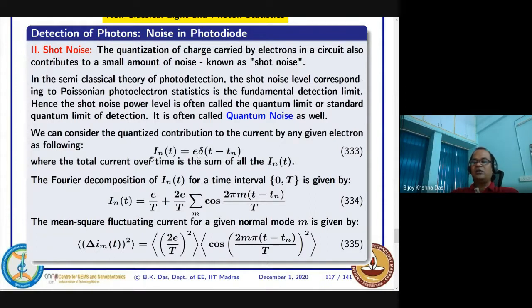So this is the dimension of current, coulomb per second.